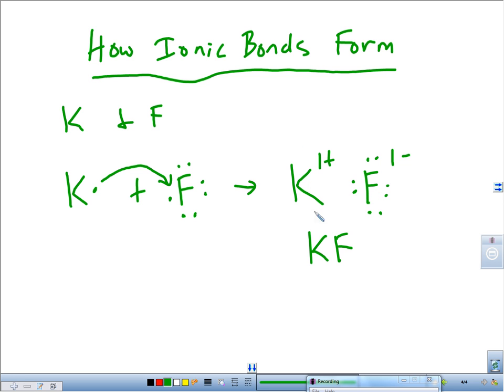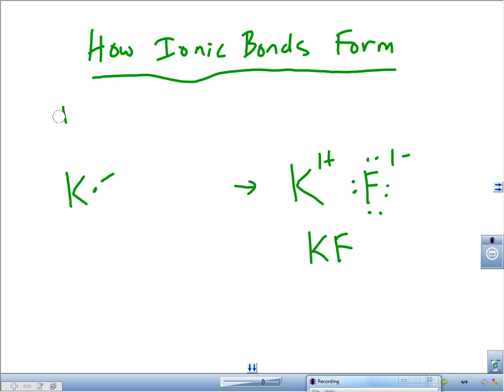So the metals will have an empty, no dots, and the nonmetals will have 8 when it's done. Wait, why does potassium look like argon? Because potassium typically has 19 electrons. If it loses 1, it now has 18 and looks like argon. So all of these bonds, just a reminder again, all of these bonds occur to become like noble gases. Whether it's ionic or covalent, they are happening so they look like noble gases.